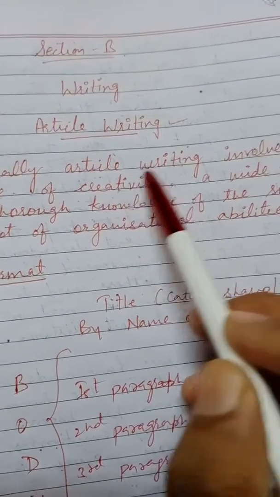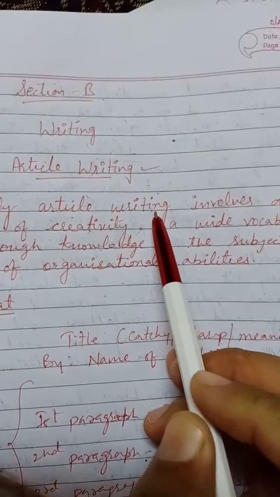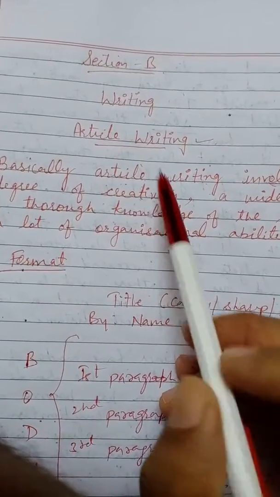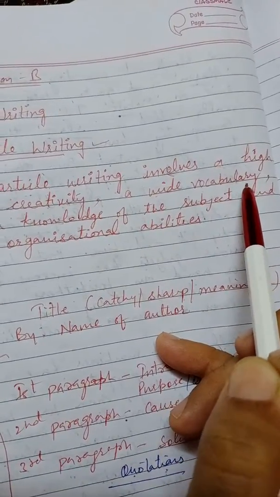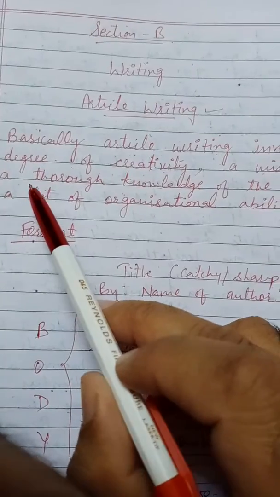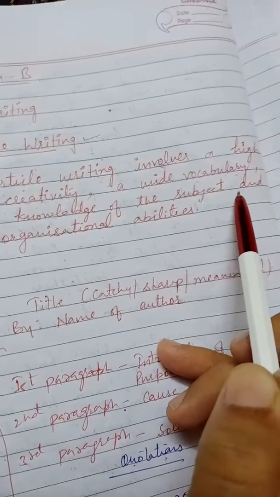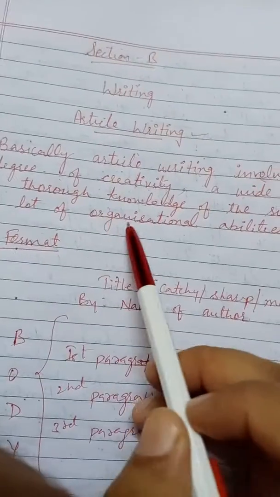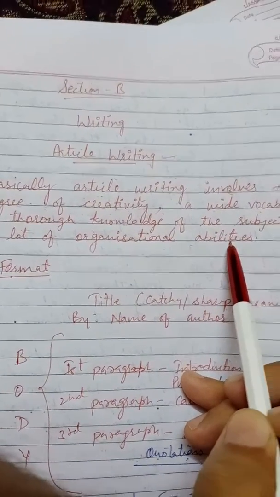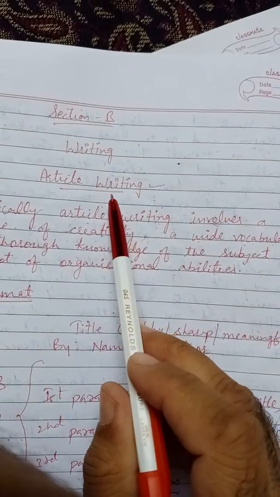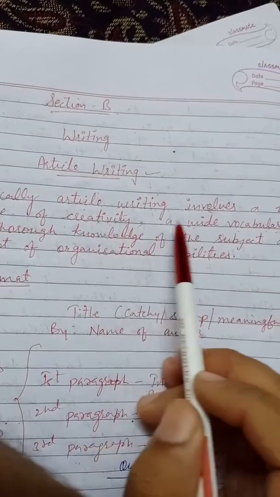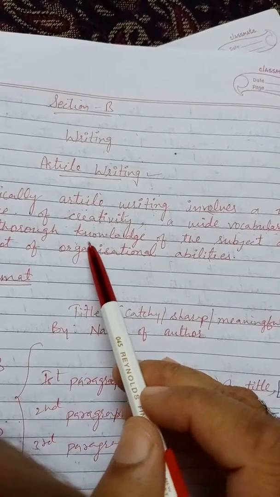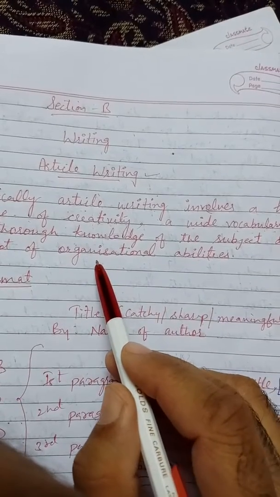Basically, an article is a long piece of writing that involves a high degree of creativity, a wide vocabulary, a strong word bank, thorough knowledge of the subject, and a lot of organizational abilities.